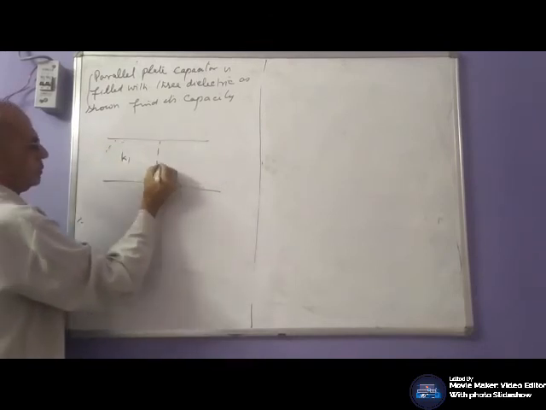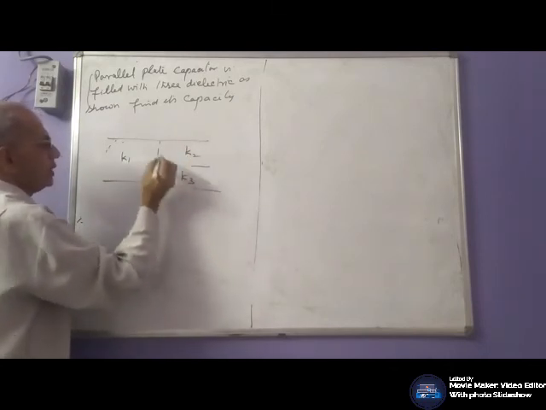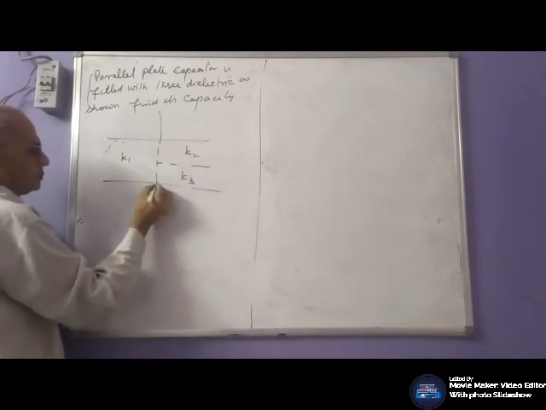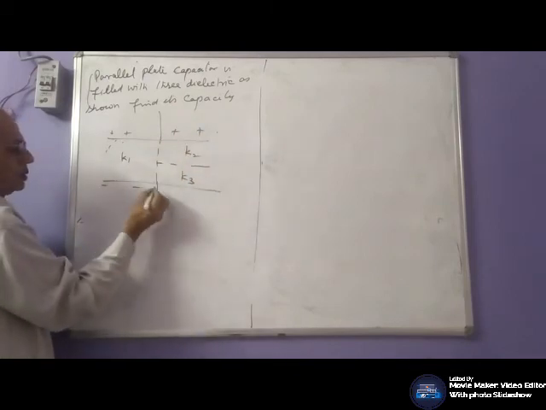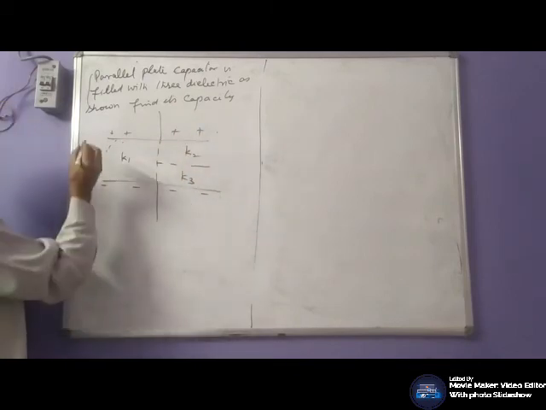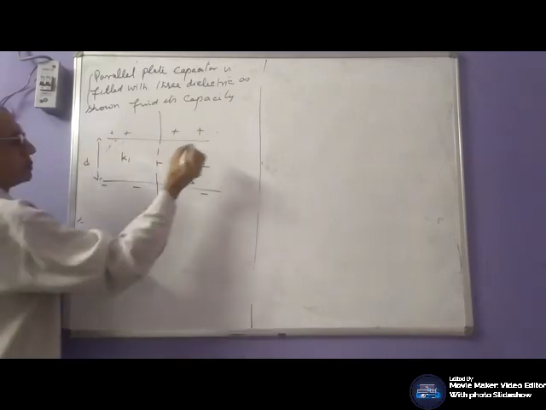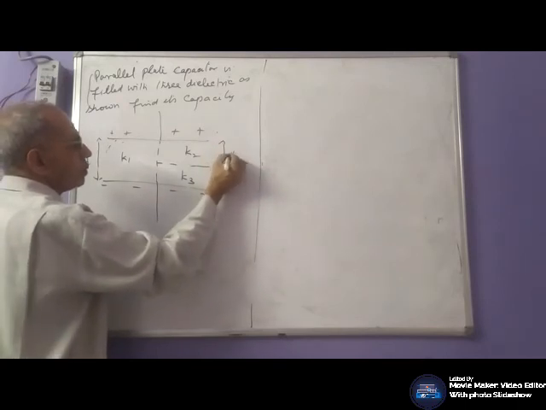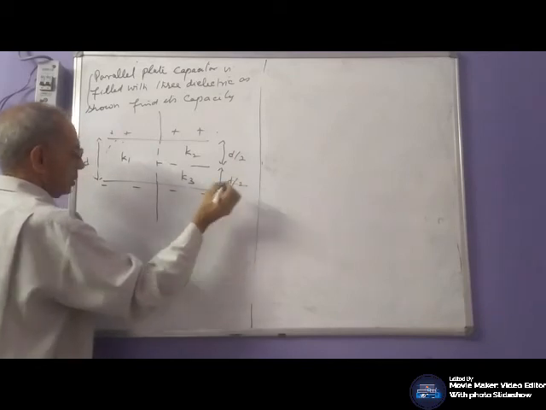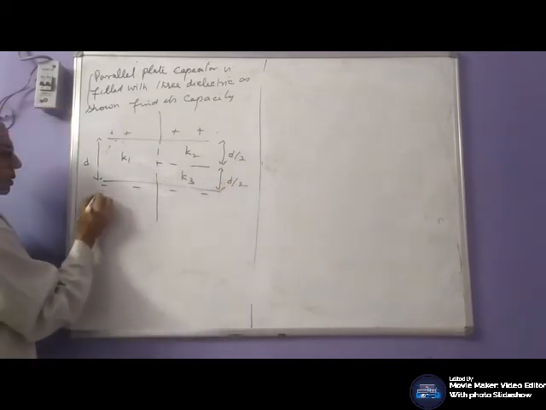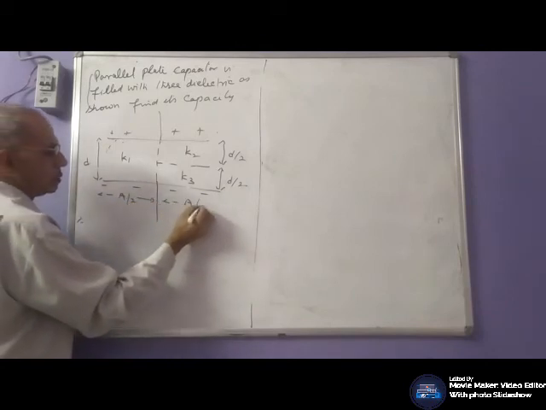This is K1, this is K2, this is K3. Plus, minus, this is D by 2, D by 2, A by 2, A by 2.